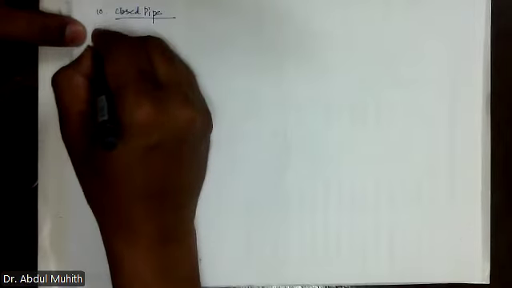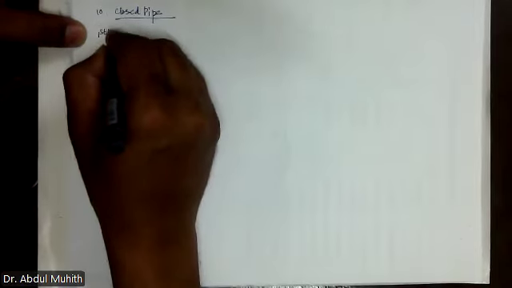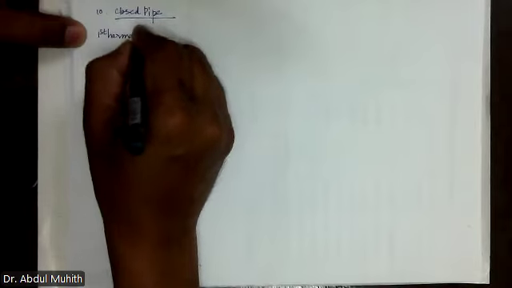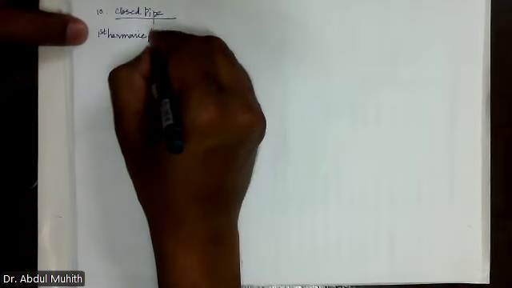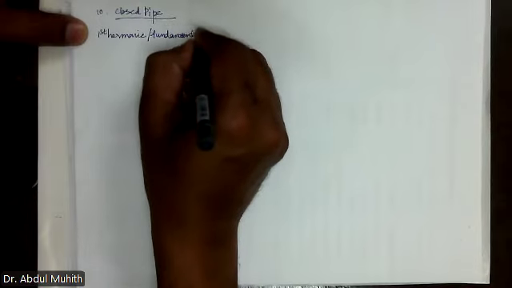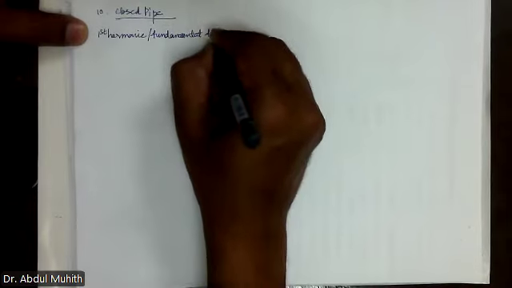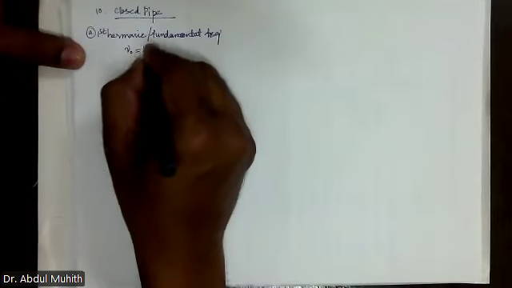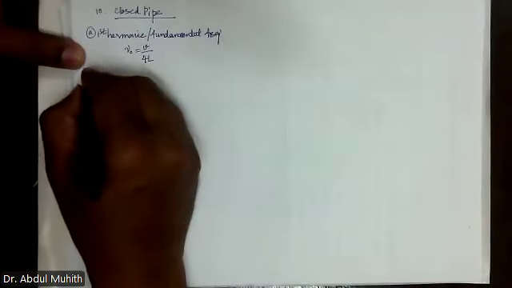The next one, that is the 10th one, closed pipe. In closed pipe, we have first harmonic, fundamental frequency. That is nu 0 is equal to V by 4L.